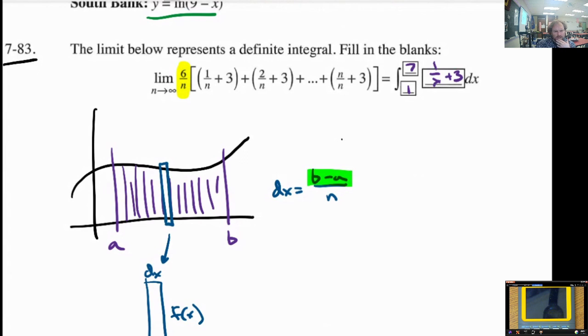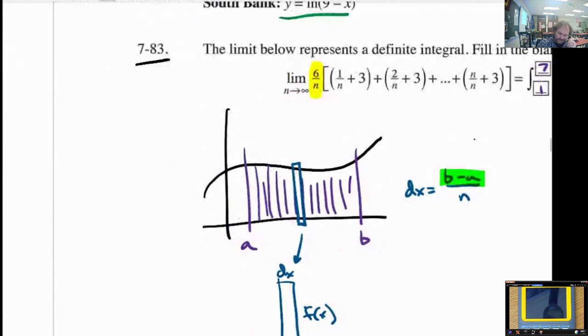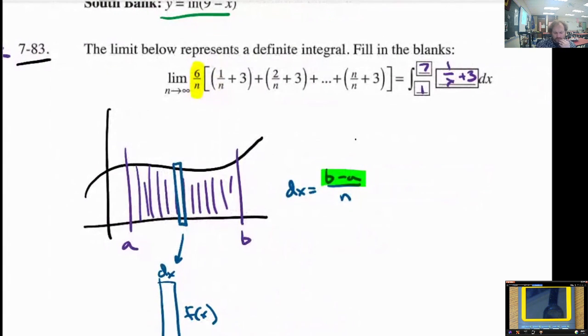I'm going to put a star next to this one. The more I think about it, I don't like that it's not sigma notation. I feel like I'm missing something with the 1 over n, 2 over n. So I don't know. I've got to think about this for a minute. What's the function? I'm plugging in 1, 2, and then all the way to n.